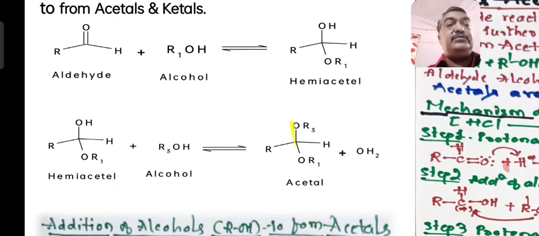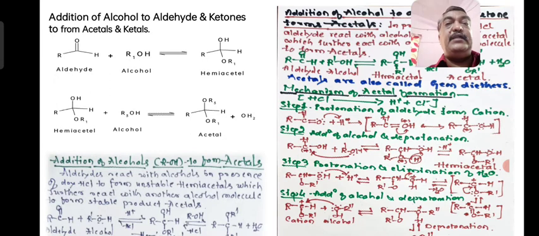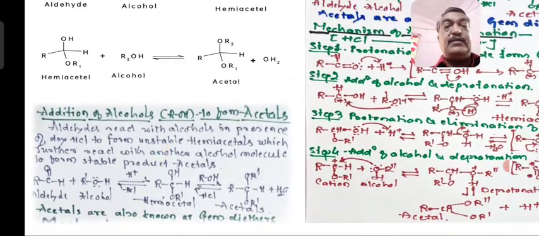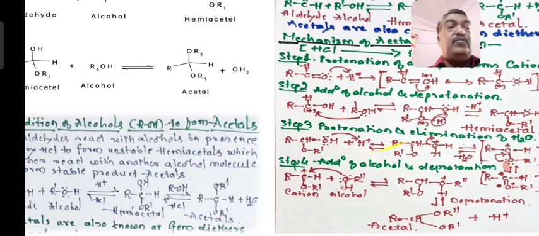So this is how the addition of an alcohol molecule takes place. And I have given a specific example here at the bottom. When RCHO, acetaldehyde, reacts with alcohol, there is formation of a hemiacetal, and the hemiacetal further reacts with another molecule to form an acetal, that is a gem diether molecule.